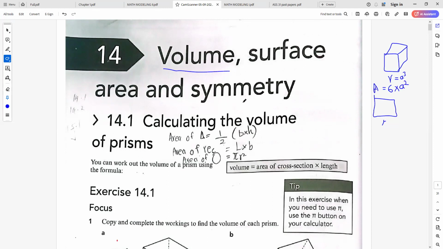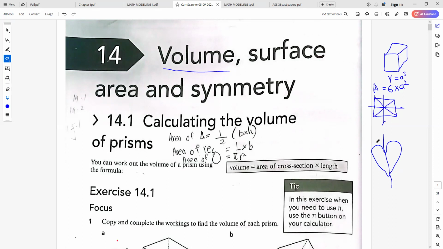Then we will look at symmetry. Symmetry means that if it is a shape like this, we have a line of symmetry. This line of symmetry will divide the shape into 2 equal or identical parts. Now, if we have a square, we have 4 symmetrical axes.